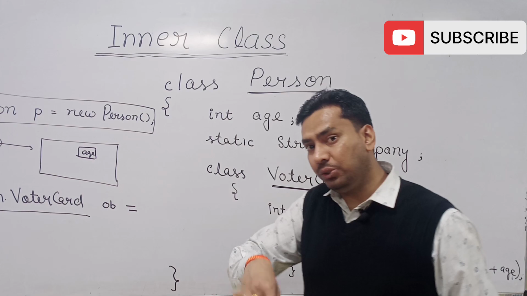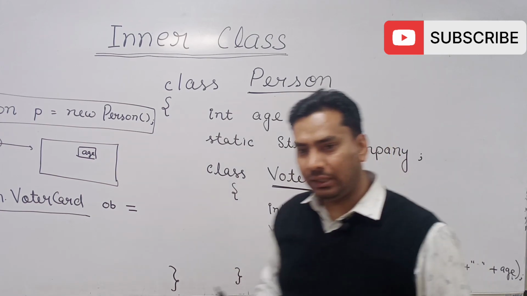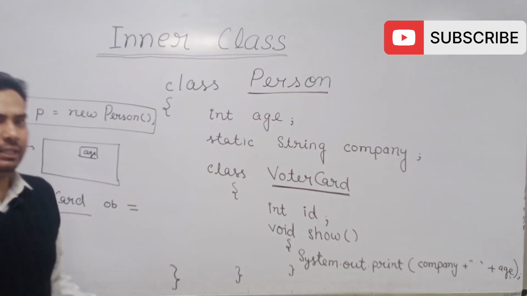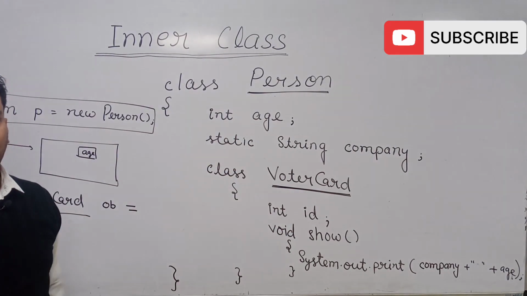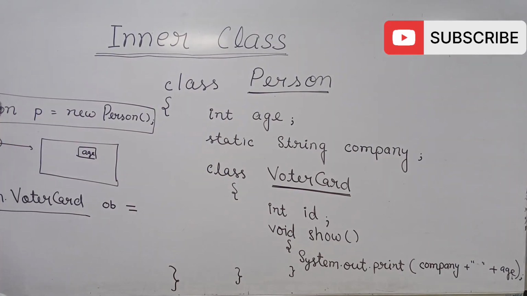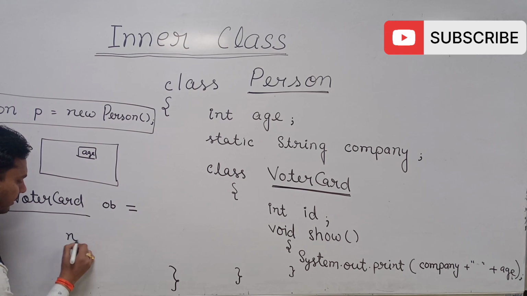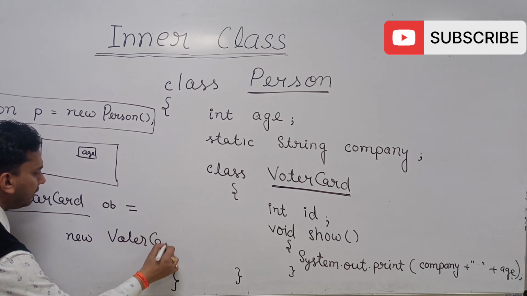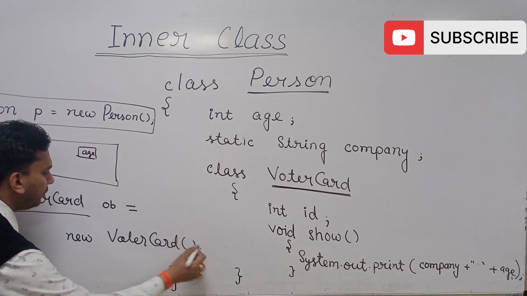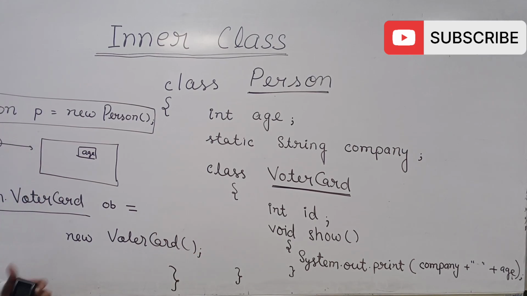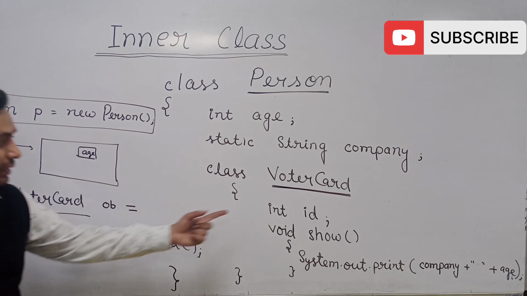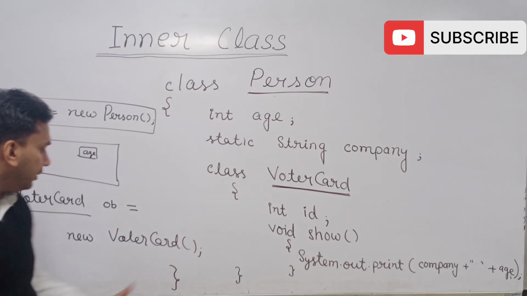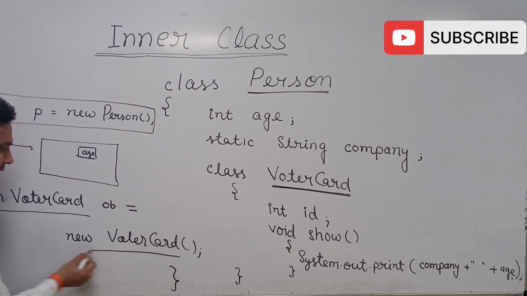But now how will you create the object of the VoterCard? Normally you would have written something like this: new VoterCard, right? But because this is a nested class, an inner class, you will not create it like this.